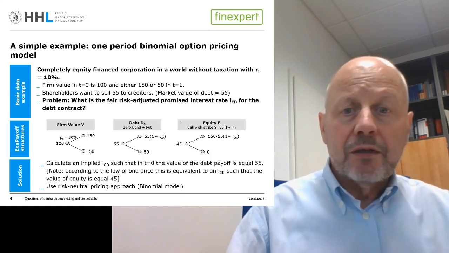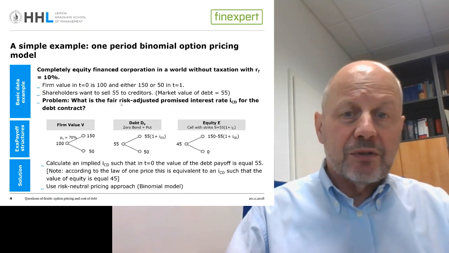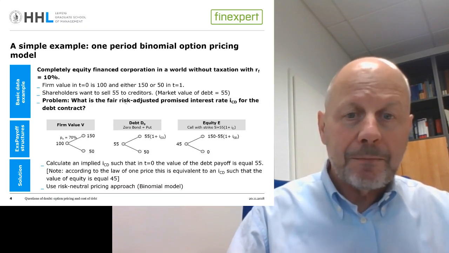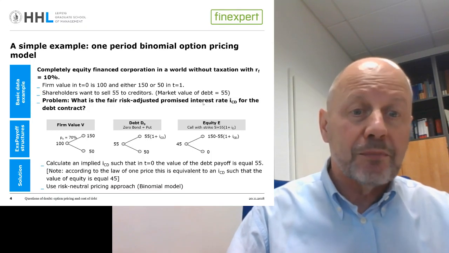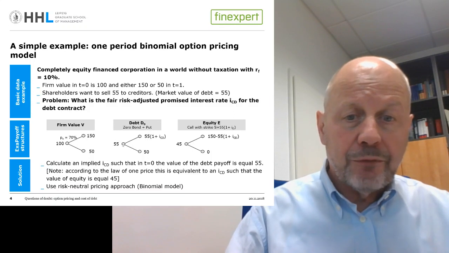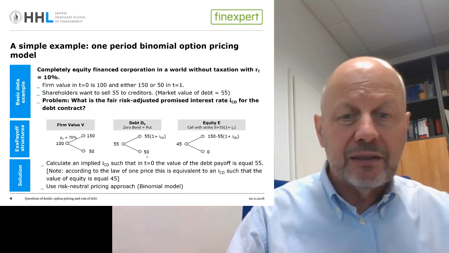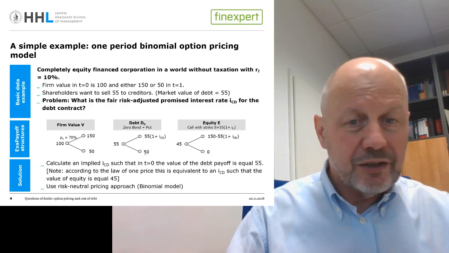So the first step is that we try to calculate the risk-adjusted promised interest rate that meets this requirement. If we look at the potential distribution of the debt holders, they bring 55. In the bad state in the future, due to the limited liability, they get what is left over, so they just get the 50.